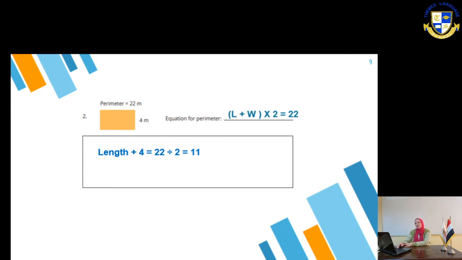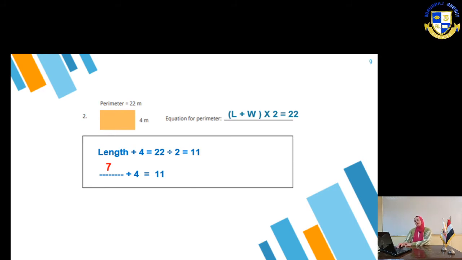We are going to make 22 divided by 2 first. It will be 11. Now we have space plus 4 equals 11. So we are going to make 11 minus 4, it will be 7. So the length will be 7.